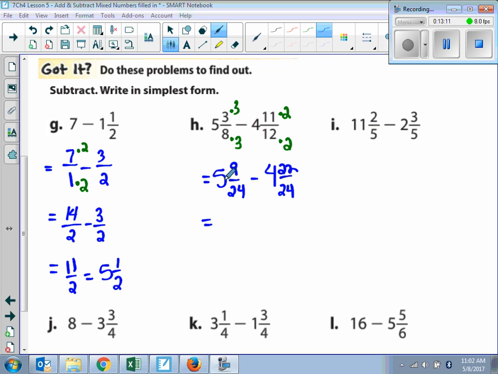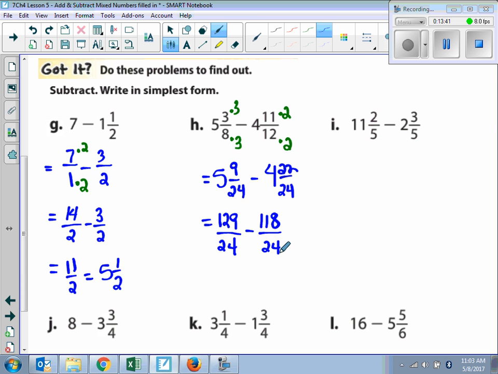So now we can change these to improper fractions. That's going to be 5 times 24, which is 120, plus 9 is 129 over 24, minus 4 times 24, that's going to give us 96, plus 22, and that's going to give us 118, over 24.